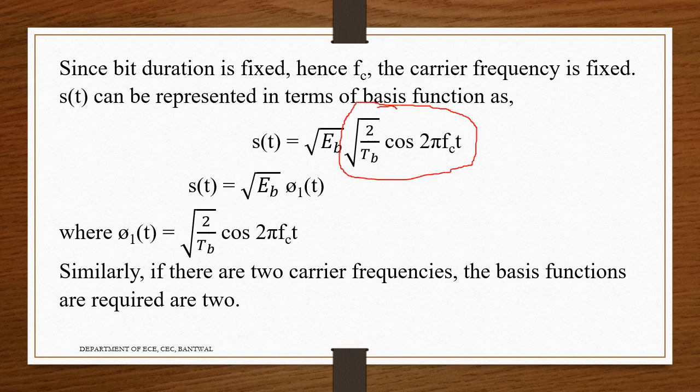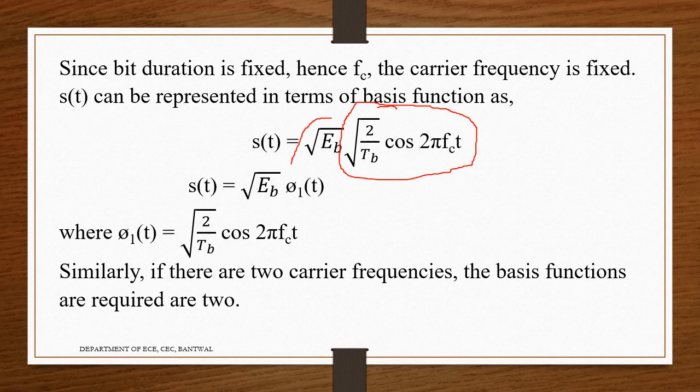This is what we will be using as a basis function, and we are using it for coherent detection, the synchronized local reference. This is the local reference we give at the input, and the same thing we give at the receiver. The transmitter carrier has to be multiplied at the receiver with the same thing, so it gets cancelled, and what remains is only the message signal, square root of EB.